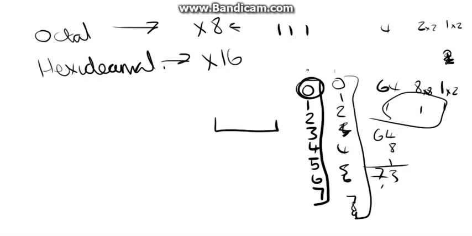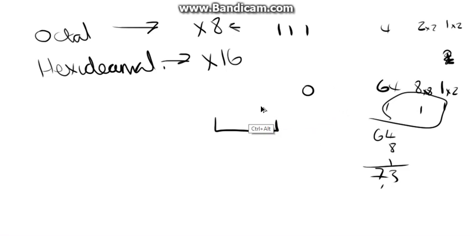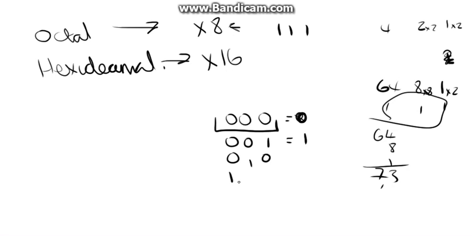Here's your decimal, here's your octals. We need to represent all these. One lovely little way to represent them in binary is with the first 3 digits, which is 0, 0, 0 equals 0, 1, 0, 0 equals 1. So quickly go through them: 2, 3, 4, 5, 6, 7.